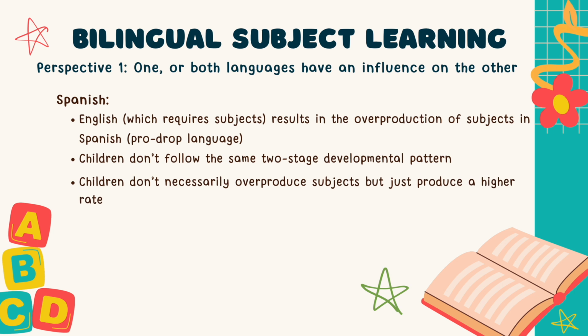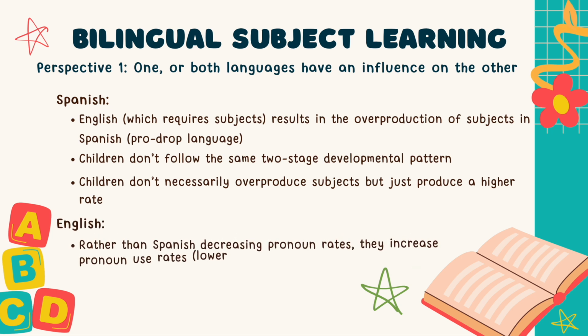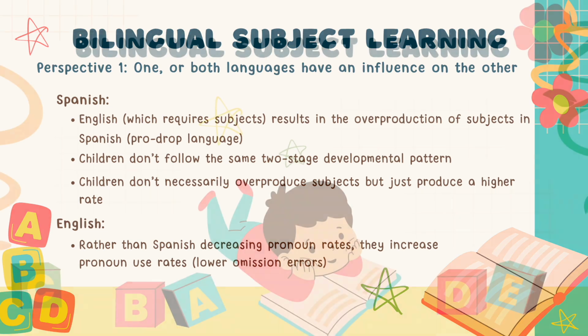Other studies have found that bilingual Spanish and English children don't necessarily overproduce subjects, but just produce a higher rate. In English, one study found the opposite relationship, that rather than Spanish lowering the rate of pronoun use in English as predicted, it increases it and results in children making fewer errors.